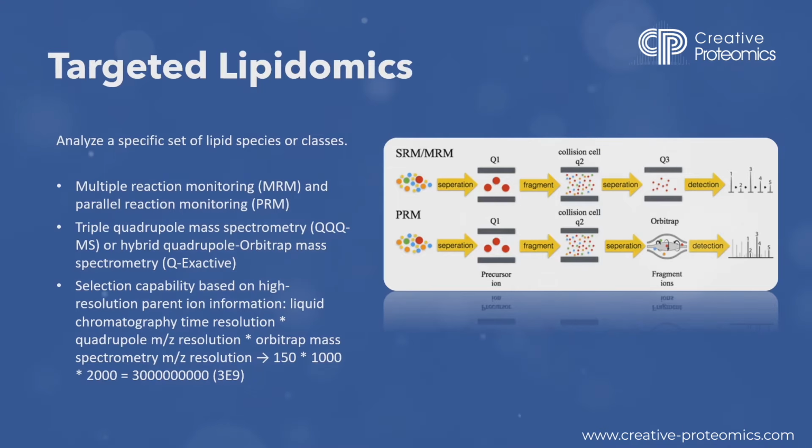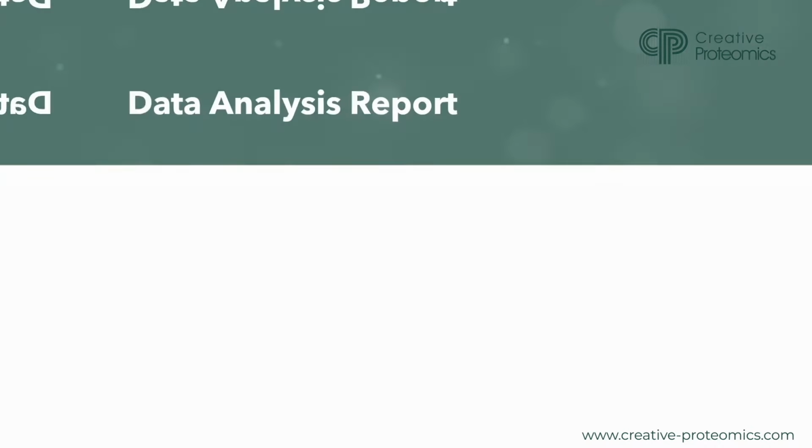For instance, let's consider values of 150 for liquid phase time resolution, 1000 for quadrupole MZ resolution, and 2000 for Orbitrap MZ resolution. Multiplying these values yields an impressive 3 billion possible events within a single sample. This immense selection capacity allows researchers to precisely target and analyze a vast number of lipid species of interest.